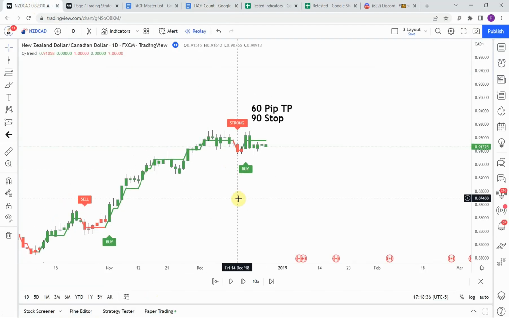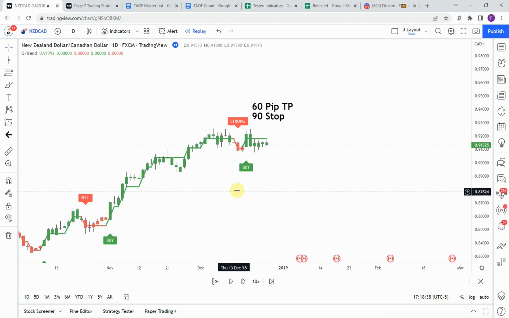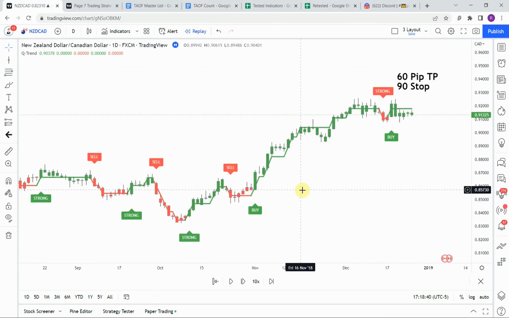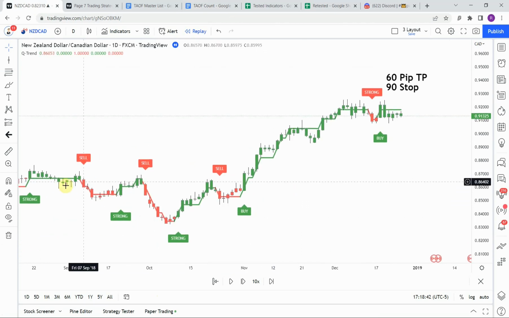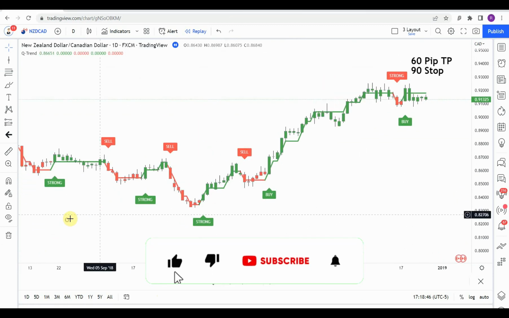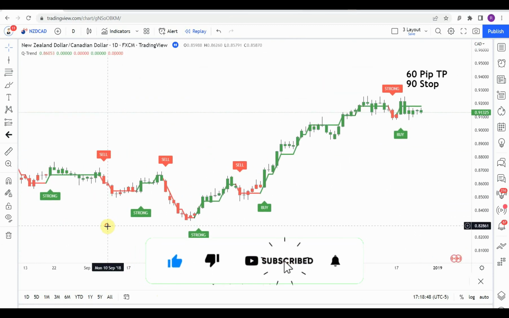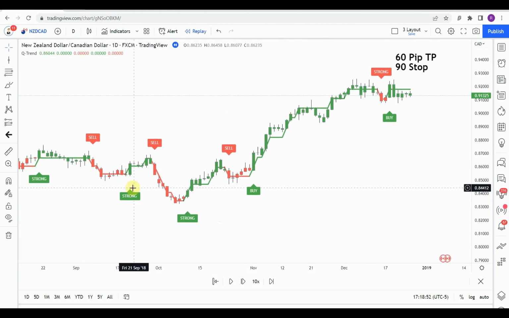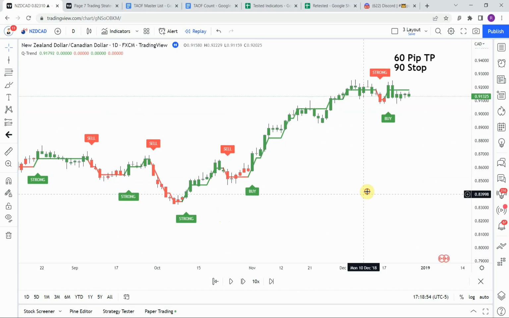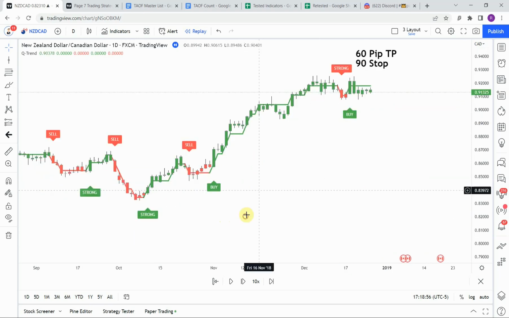All right, so today's indicator is the Q trend indicator, and you can see it here on screen. Basically we have the line here, and we have these tags. These tags have the sell signal and the buy signal. They also have the green ones that say strong and red ones that say strong.